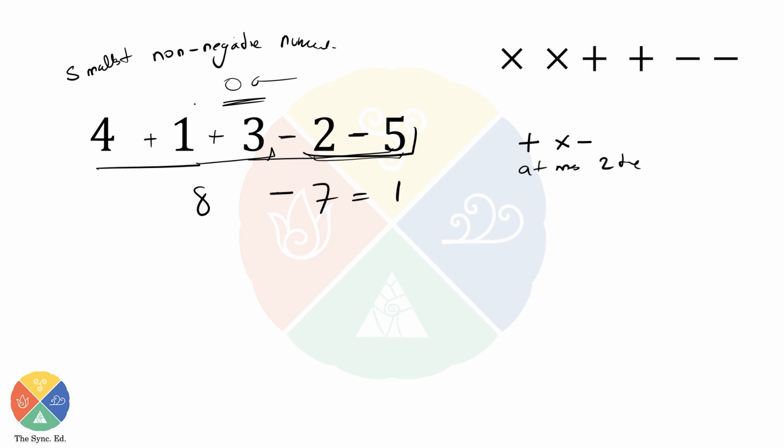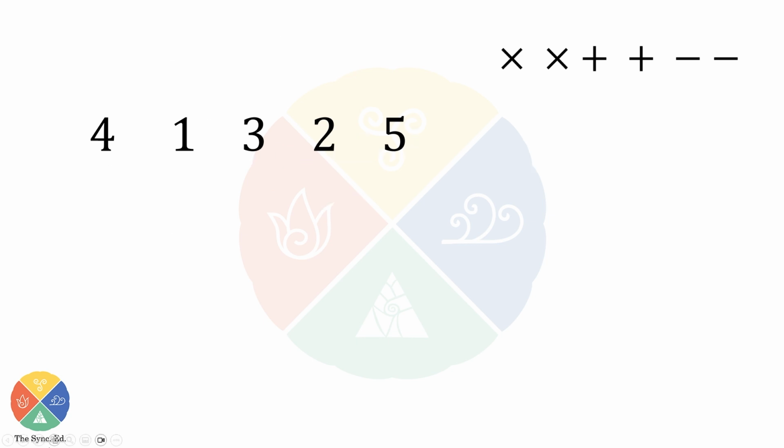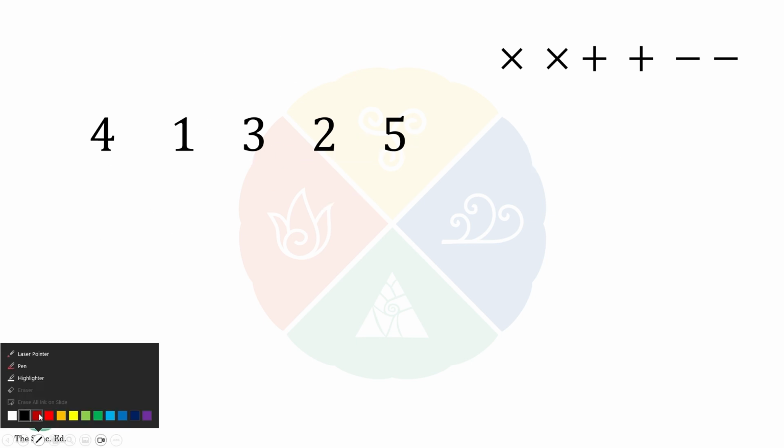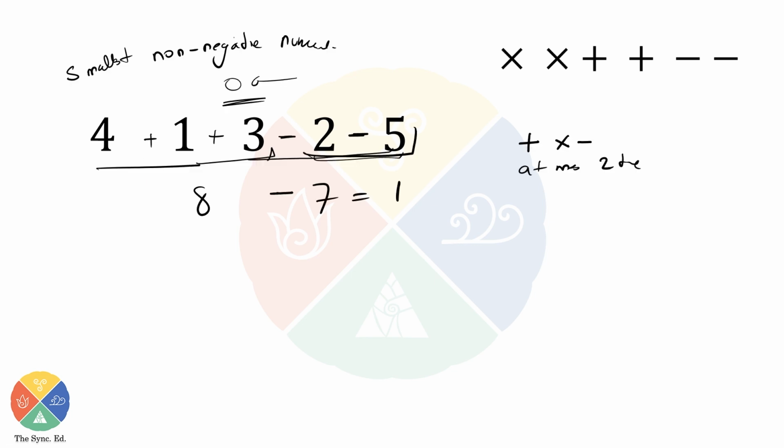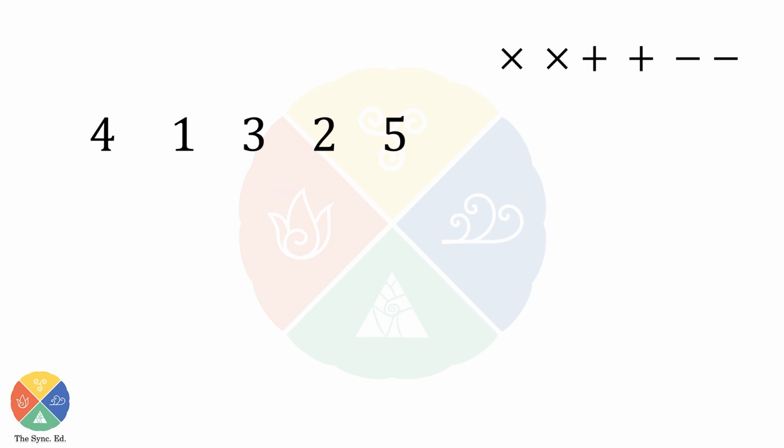Let's try once more. But this time let's try some other combination. The earlier combination we did was plus plus minus minus. Let's try something else. Let's use some multiplication. This is going to become 6.